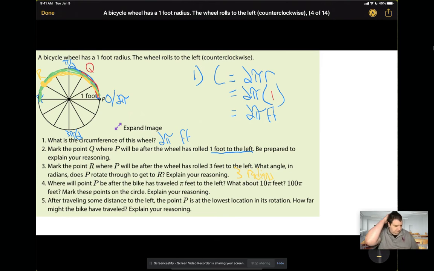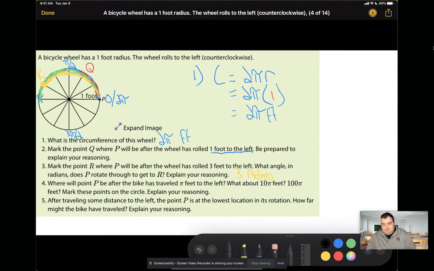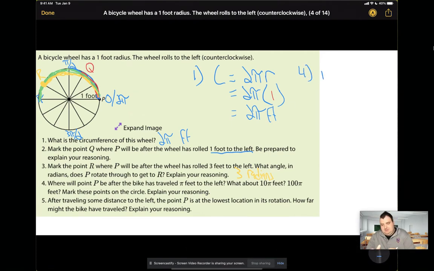Okay. Where will point P be after the bike has traveled pi feet to the left? Well, we've kind of already answered that question. Pi feet would be the same as an angle of pi. So let me write that up here.